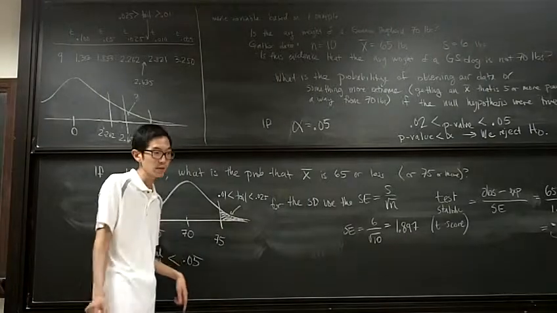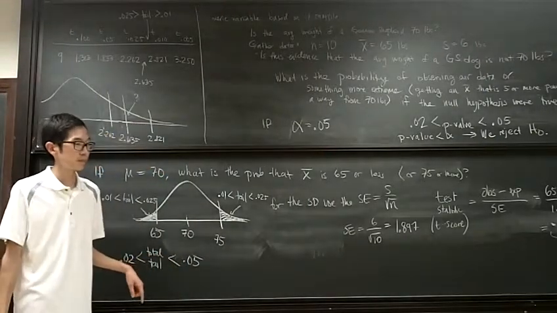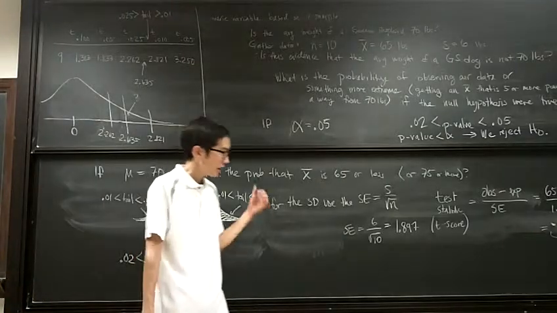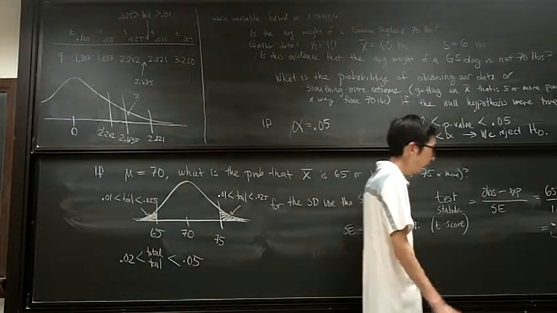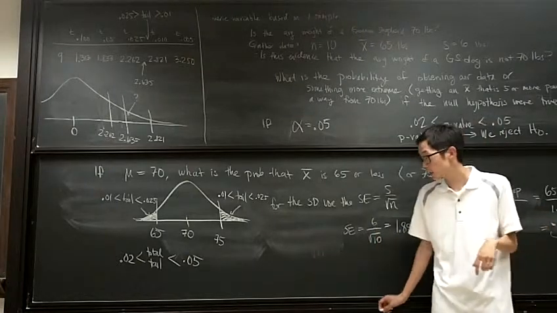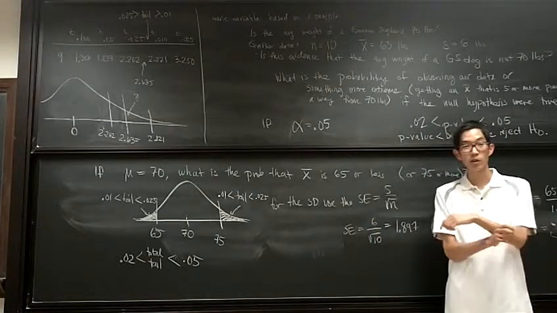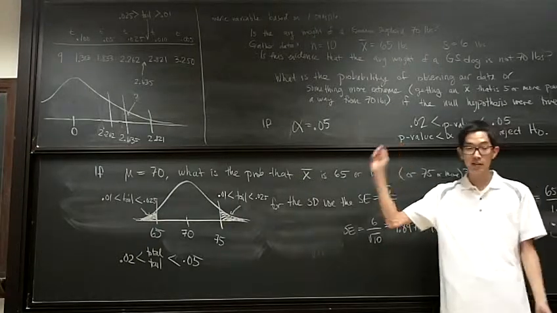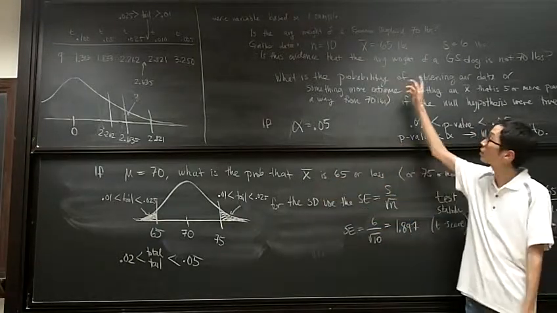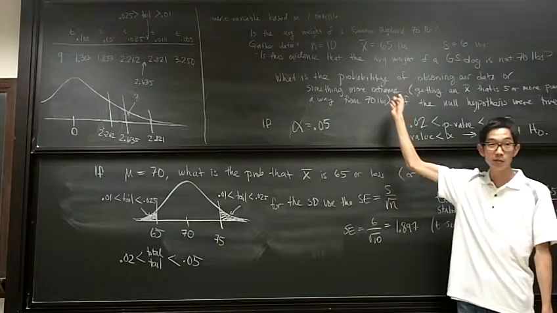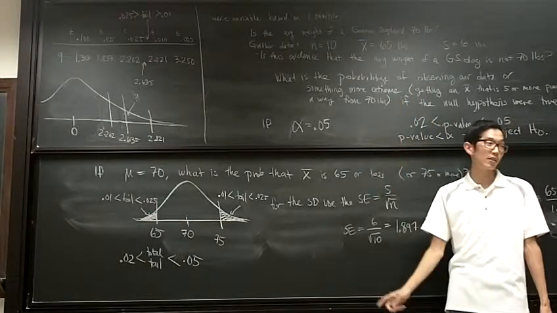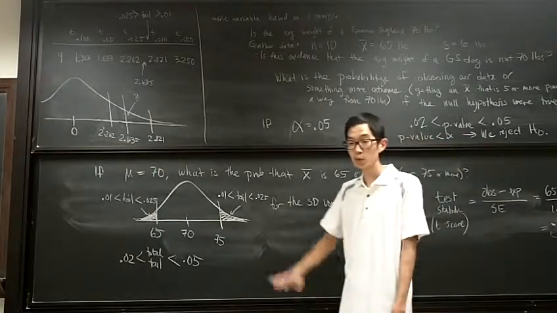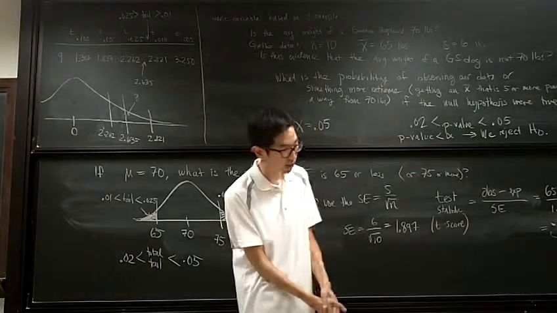Because if the average weight were actually 70 pounds, the probability that I take 10 random dogs and get an average of only 65 pounds is less than 5%. Because it's less than 5%, I'm willing to rule out the possibility that it happened by chance.